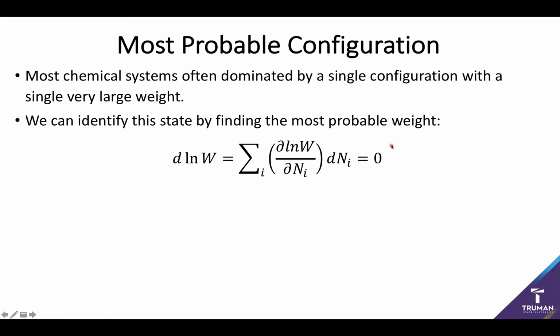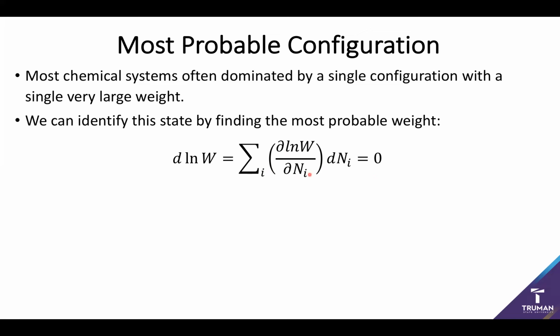Now, trying to express this is a little bit tricky, and we often do this through the notation that the most probable weight, the sum of the change of the weights with changing configuration for each configuration should end up being 0.